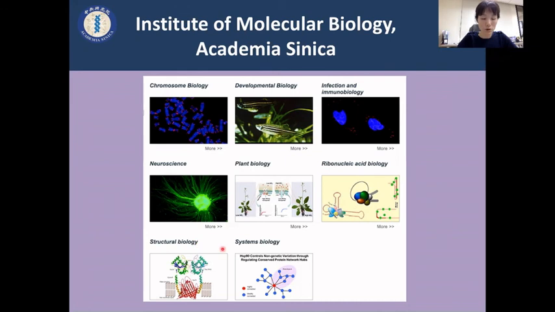And we have structural biology, we have cryo-EM on campus, so a lot of things you can explore here. And we have systems biology, similar to my research. In this area, we try to study a network rather than a single gene.